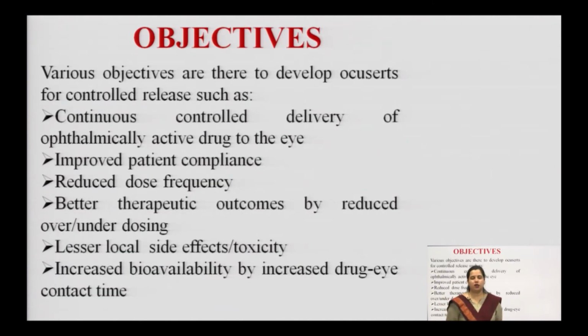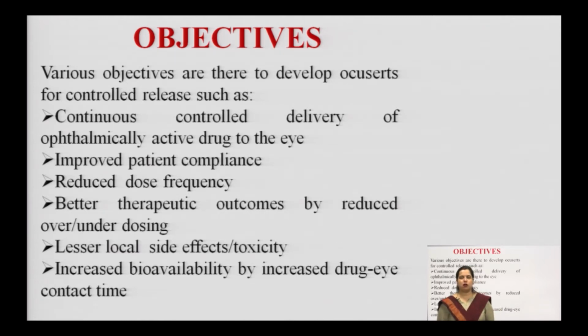Now, what are the objectives of developing these OcuSerts? Various objectives are there to develop OcuSert for controlled release, such as continuous controlled delivery of ophthalmic active drug to the eye. Yes, it provides controlled release of drug and improved patient compliance.